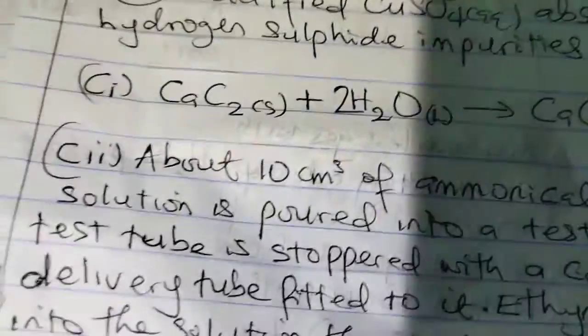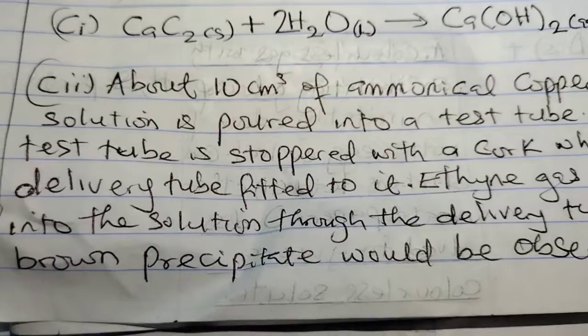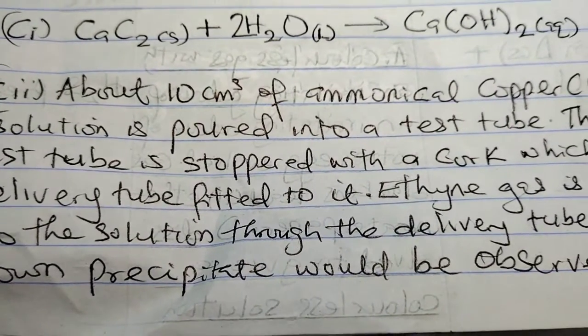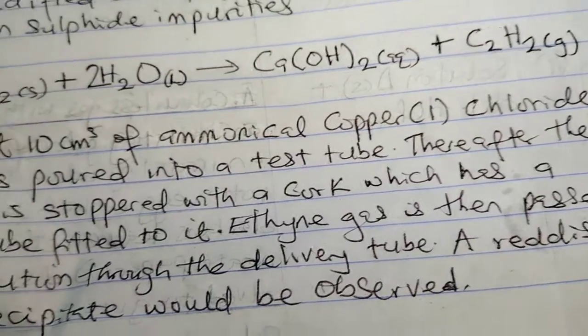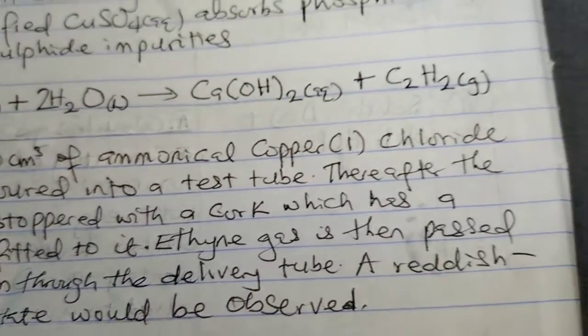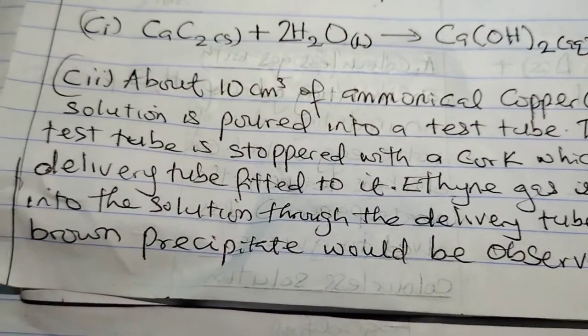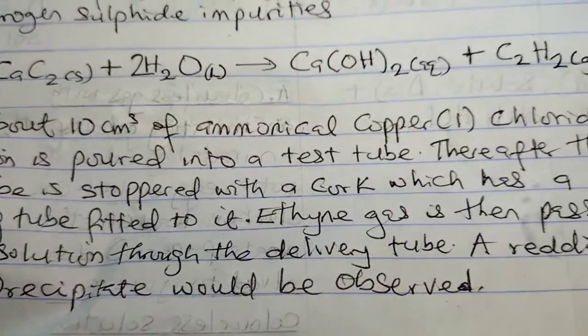For gas Y, that is (c)(ii), describe the test. Look at the solution. About 10 cm cube of ammoniacal copper(I) chloride solution is poured into a test tube.